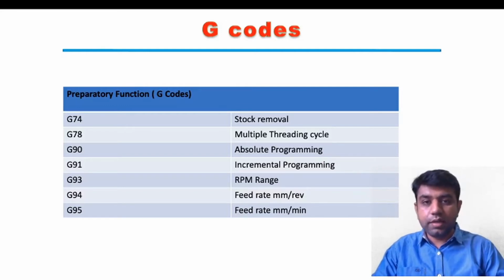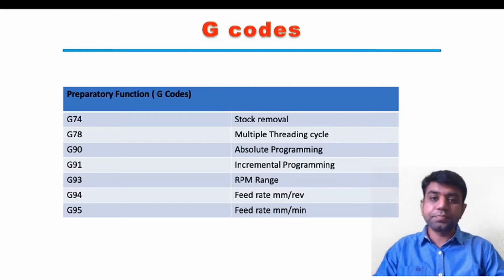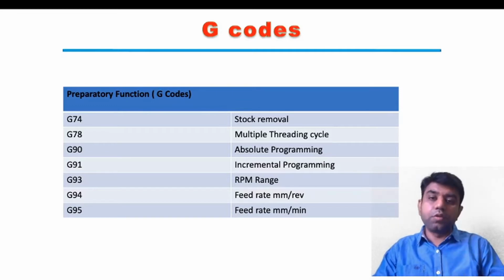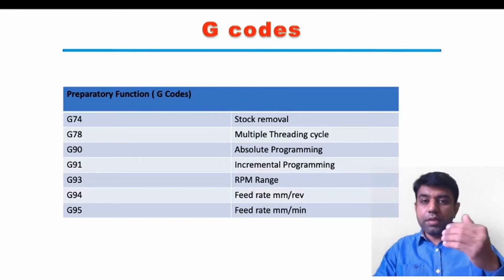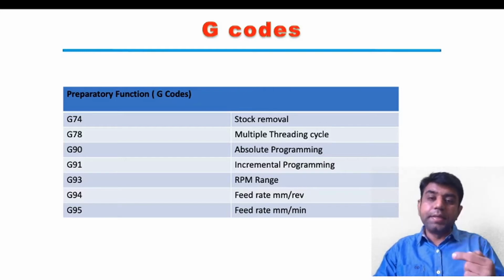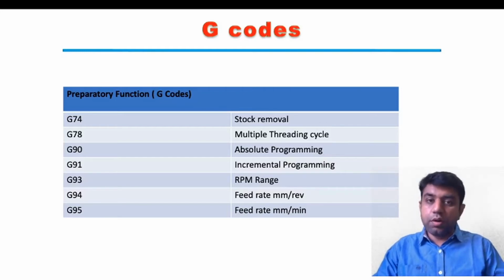Then we again write a program for cutting 48 into 46, the same way 46 into 44, 44 into 42, but the set of instructions will remain common, right? So the program becomes lengthy because there is a repetitive set of instructions. In order to avoid that, we have this G74 command, which is for multiple stock removal. You will get an idea about this when we write a specific program on it.